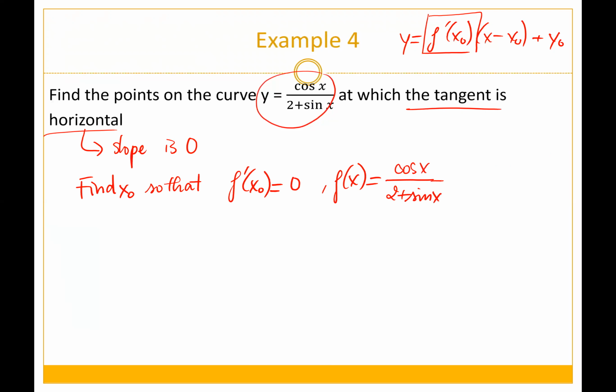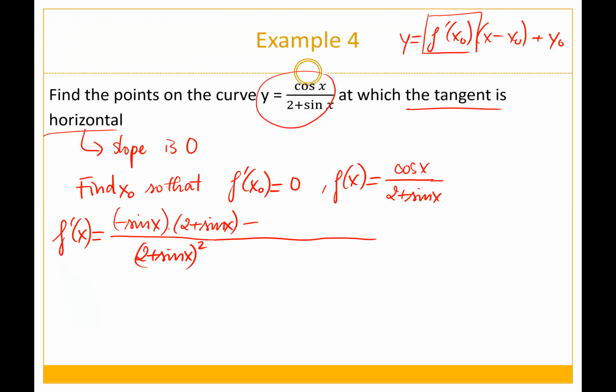So what we're going to do here is find f prime of x and set it equal to 0 to find x. This is a quotient, so the first thing you look at is the quotient rule. So you have 2 plus sine x squared in the denominator, and in the numerator negative sine x, because it's the derivative of cosine, multiplied by 2 plus sine x, minus the derivative of the denominator, which is cosine, because the derivative of 2 plus sine x is the derivative of each of them individually, and the derivative of a constant is 0.